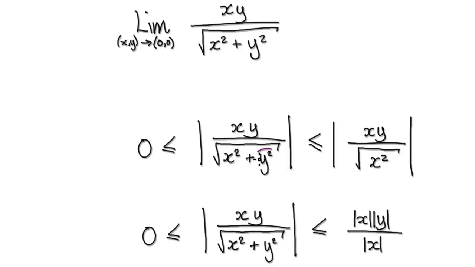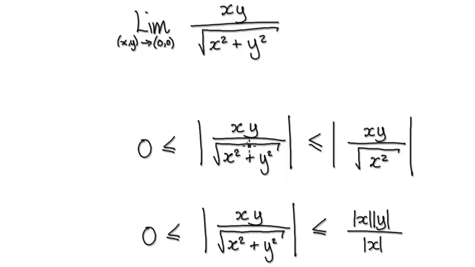Meaning, this is a positive value, it will always be a positive value because you're squaring it. If you remove this positive value here, then what's inside the square root will be smaller. So when you square root, what's smaller will even be smaller. So you're making the denominator smaller.